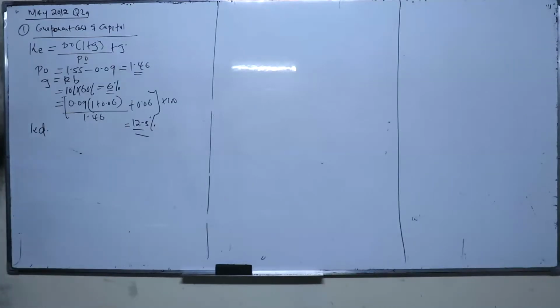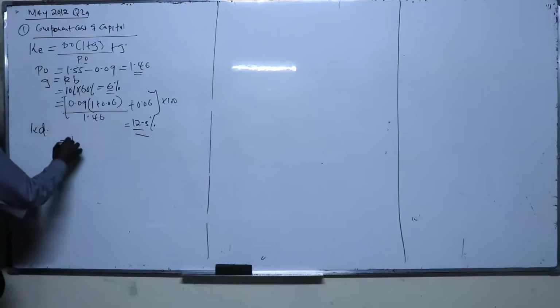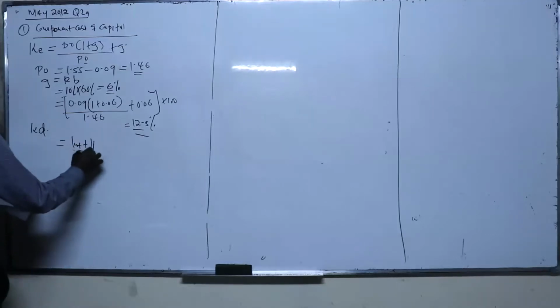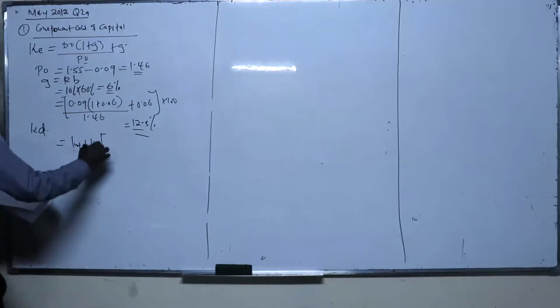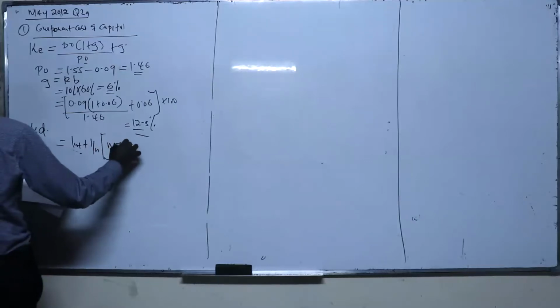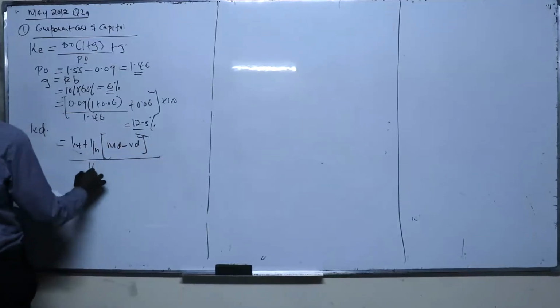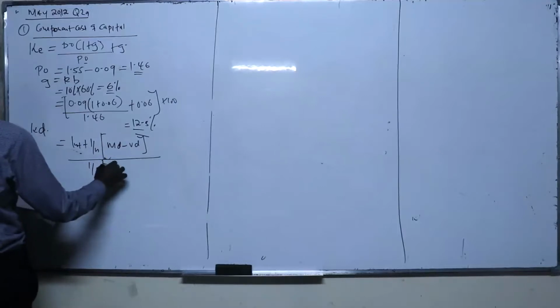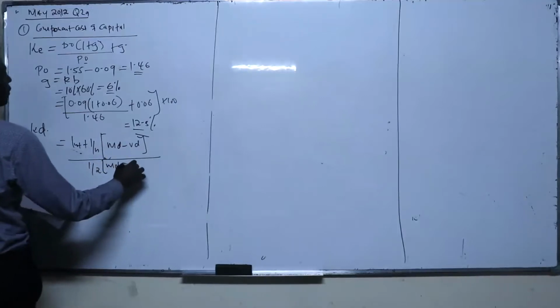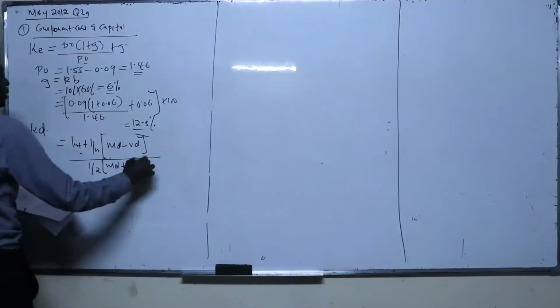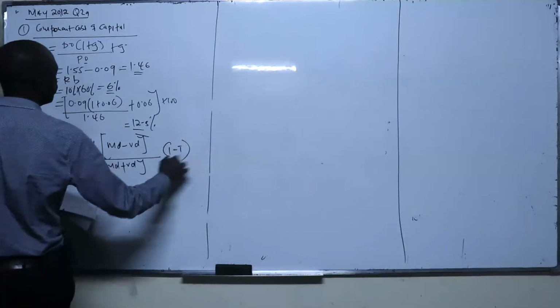And then we go and compute the Kd, because we have only two components. So the cost of debentures. The kind of debentures given here, is it redeemable or irredeemable? Redeemable. So we write the formula: interest plus 1 over n in bracket (MD minus VD) over half (MD plus VD), times (1 minus T).